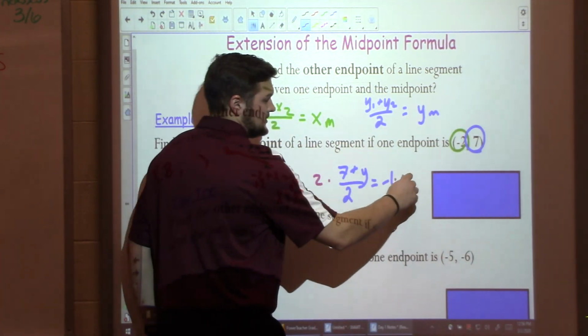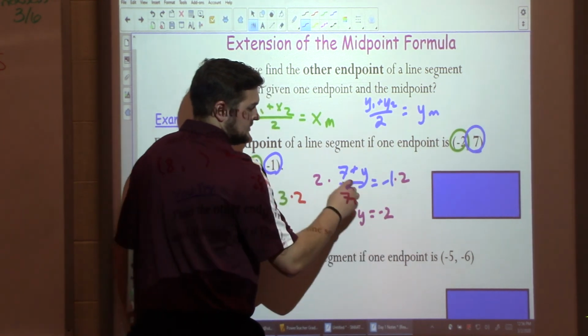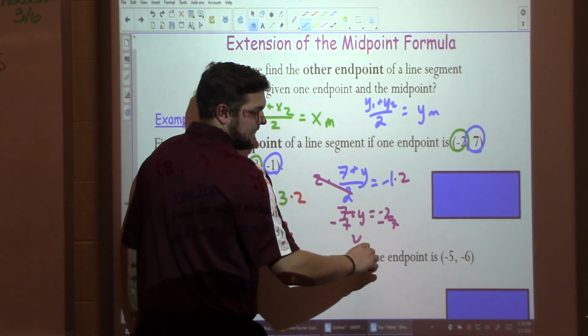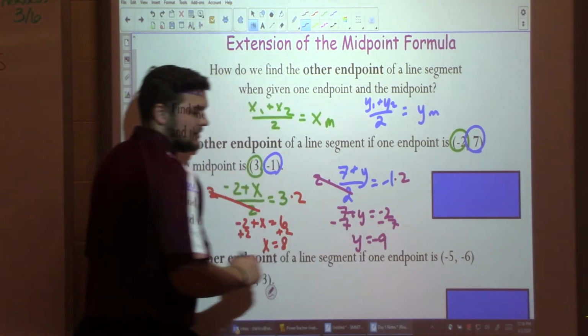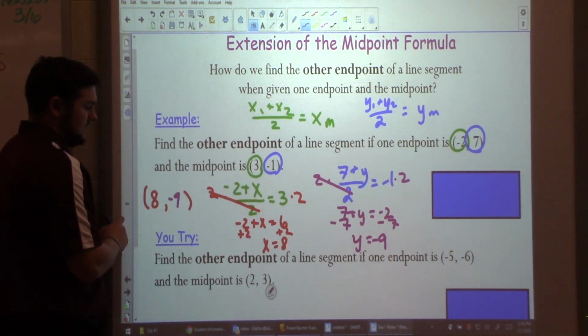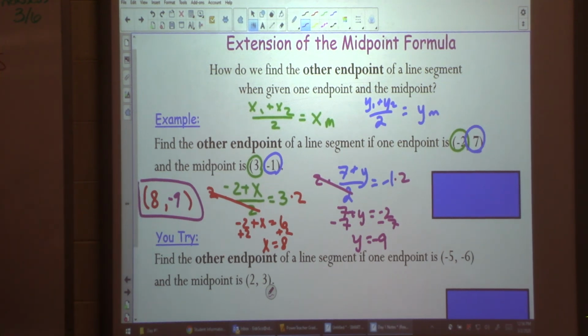Times 2. 7 plus y equals -2. Minus 7. y equals -9. So I get 8 comma -9 as my other endpoint. Alright, does that make sense?